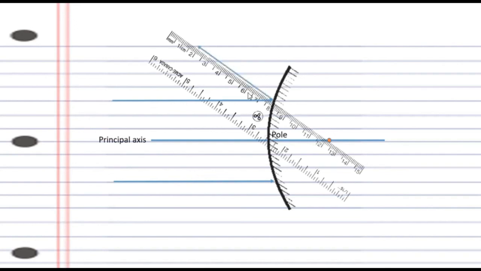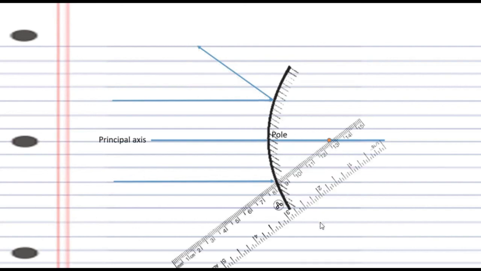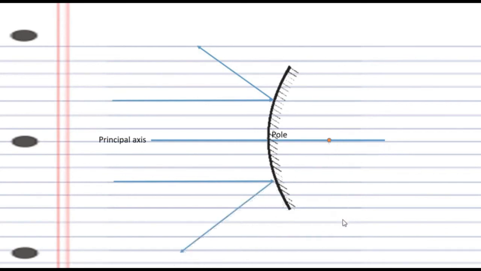Okay, so the reflected ray is done. In the same way, keeping this as a reference point, down below we have to draw the reflected ray. Now you can see this convex mirror, and these are the rays which have diverged after reflection from the convex mirror, right?